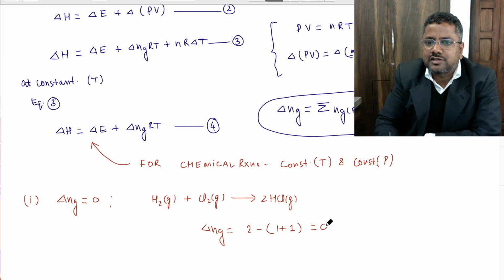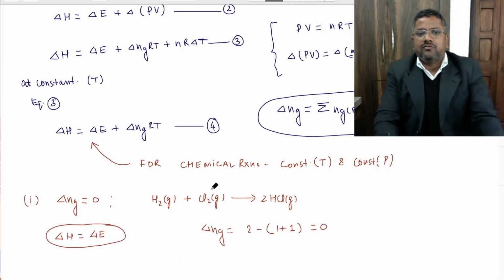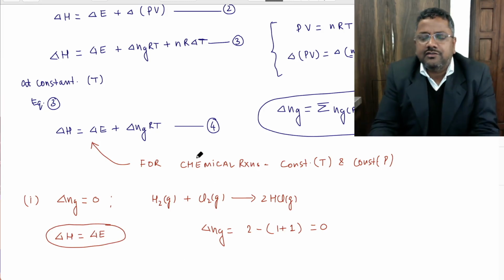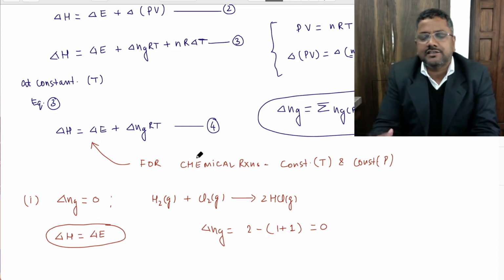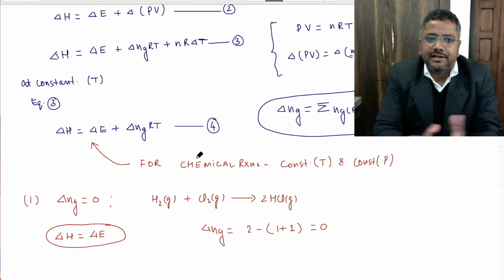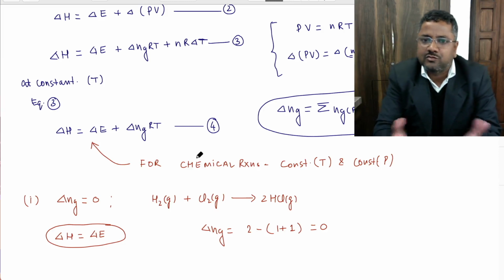So this is equal to 0. So if delta Ng is equal to 0, delta H is equal to delta E. It means the internal energy change and enthalpy change can be equal for any gaseous reaction in which delta Ng is 0, meaning the gaseous moles on the left hand side and right hand side are equal. Then delta H, the heat change at constant pressure, and the energy change at constant volume are the same for the given chemical reaction, right?